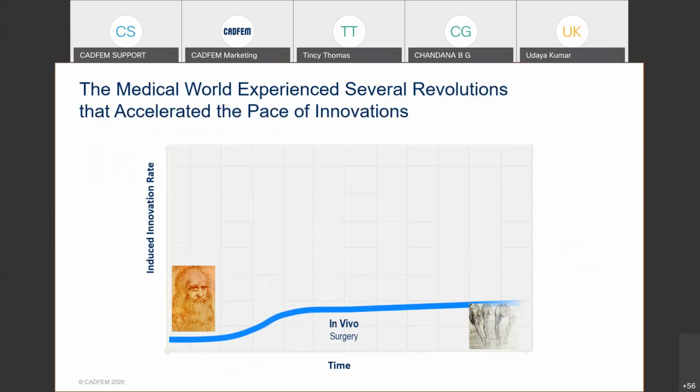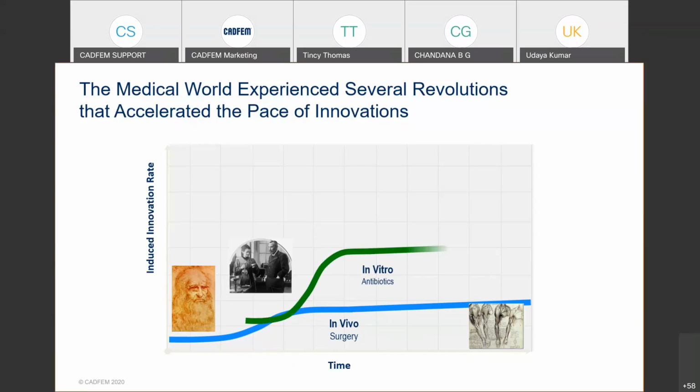If you look at the way we have grown in the field of medicine, the most conventional way is in vivo, where we do the surgery in the body itself, on a patient, and see how it's working. We have to do it in person, which is very time consuming, very costly, and very critical also, right?